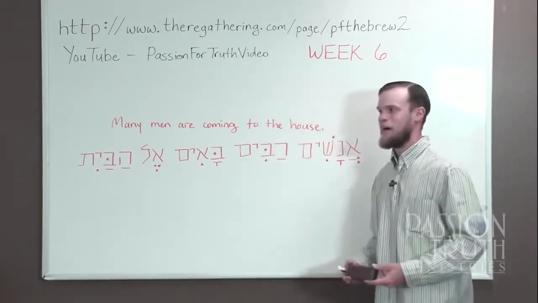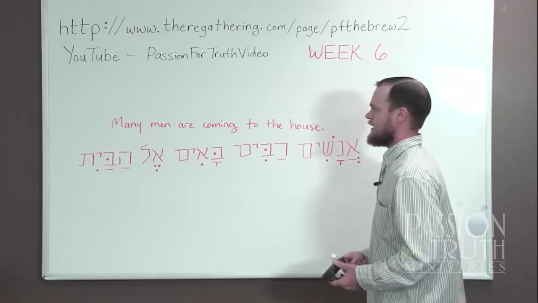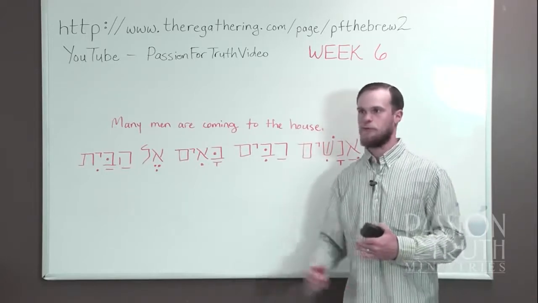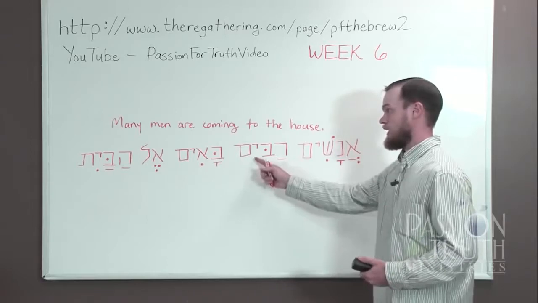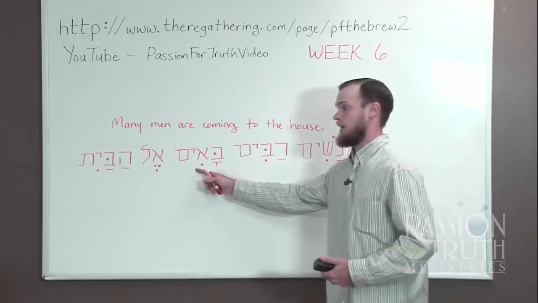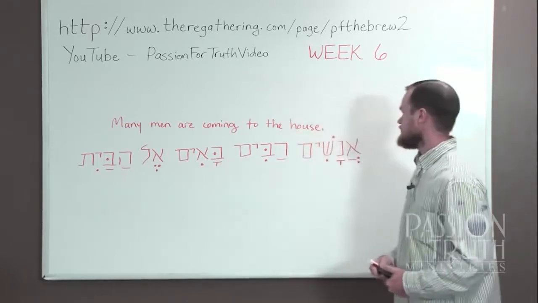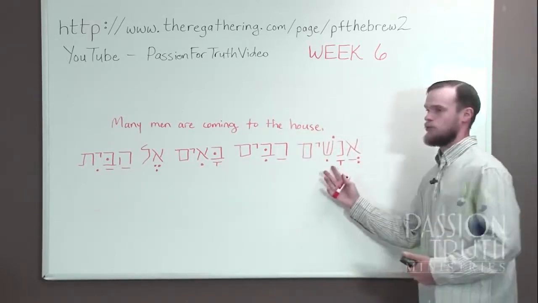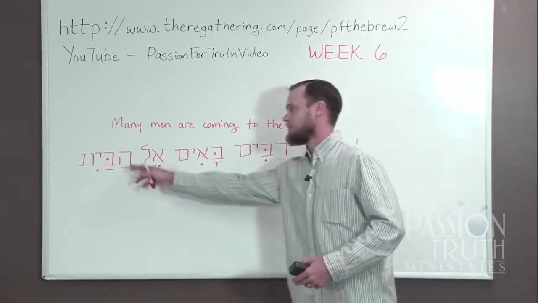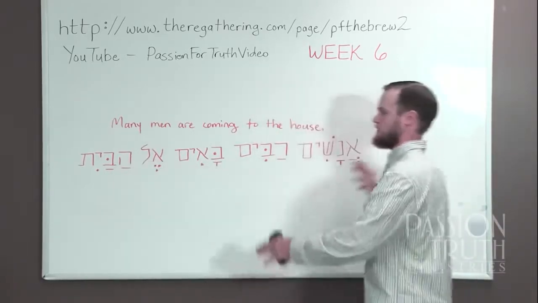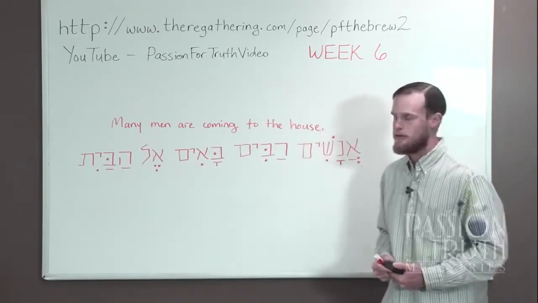This all gets a little complicated once we get into the nitty-gritty of this stuff, but it's just using all the rules that we've gone through. The adjective has to match in gender and in number. The verb has to match in gender and in number. We've got an irregular plural on anashim, and the preposition el, and our definite article hey. So this is blending everything together in one sentence that we've gone over so far.